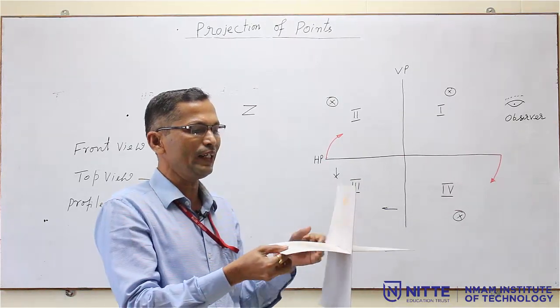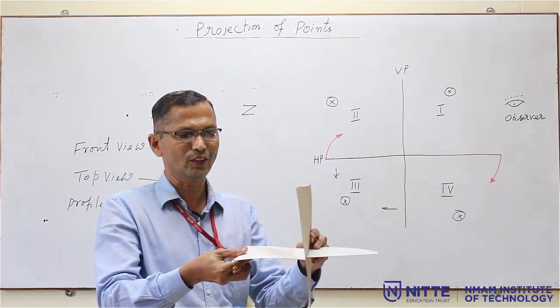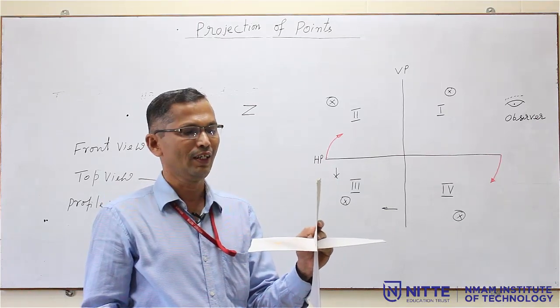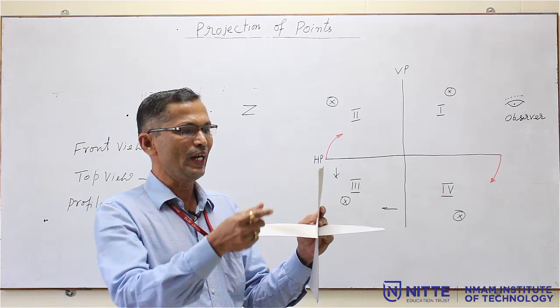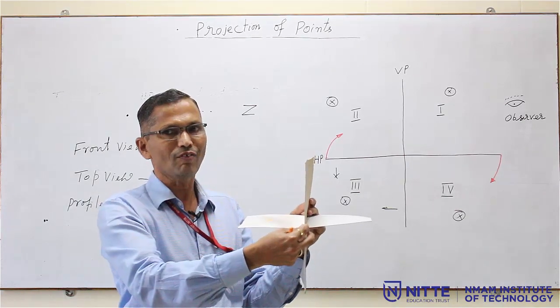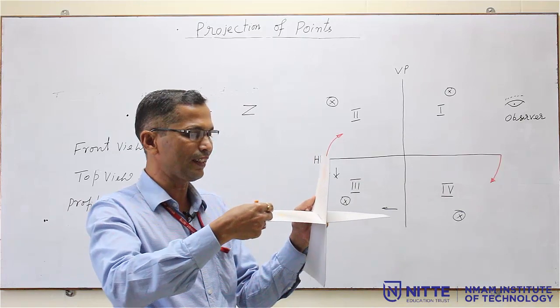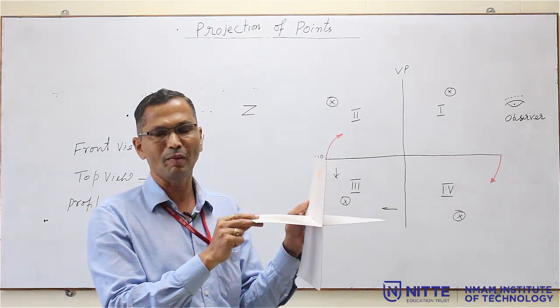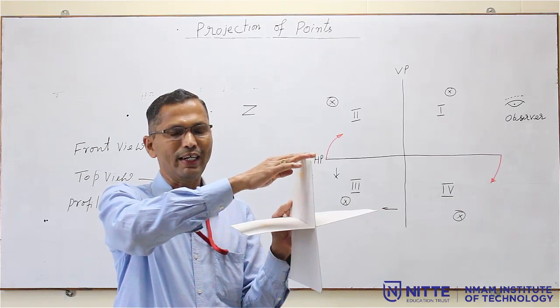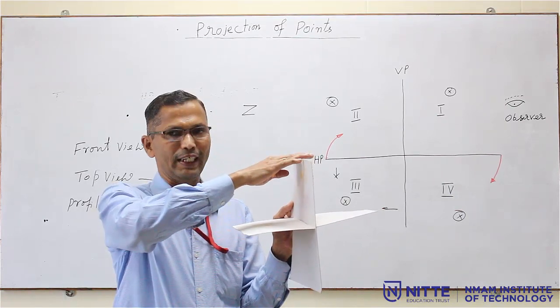So, I cannot draw it on the grid sheet as it is. We have to convert this into 2-dimensional. For that, we keep the vertical plane vertical itself, and just rotate the horizontal plane. You have to remember, we rotate the horizontal plane by keeping the vertical plane constant.